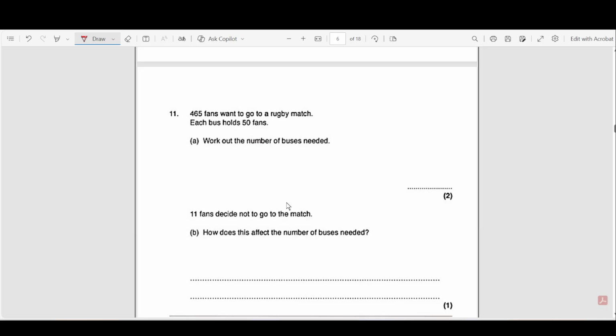So if we divide 456 by 50, 50 times 9 is 450, right? So the remainder is going to be 6.